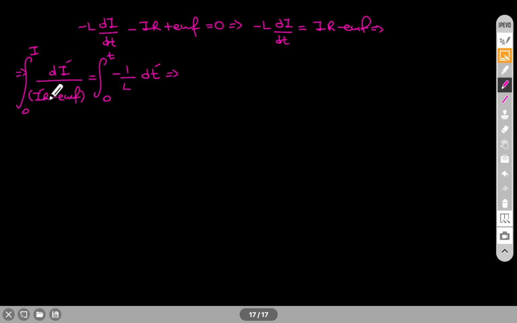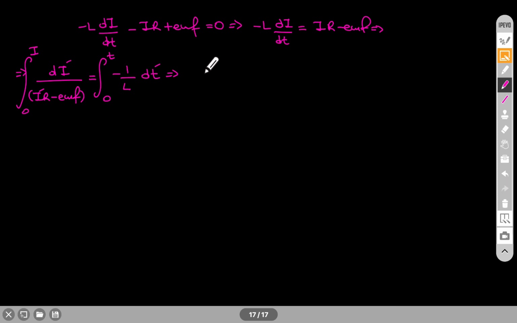I know that this integral is going to give me a natural log, but I also need to remember that my variable of integration I prime is multiplied with a resistance R.